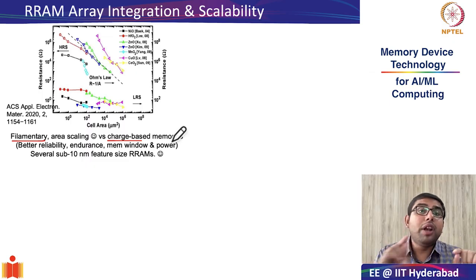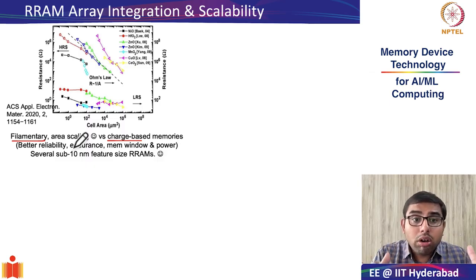However, in filamentary systems such as RRAMs, what we notice is that as you reduce the cell area, not only do you get better reliability and endurance, also your memory window and power requirements come down.